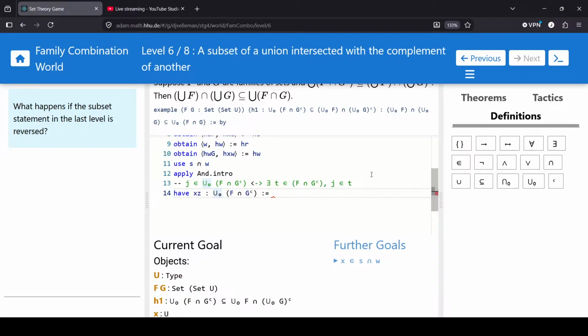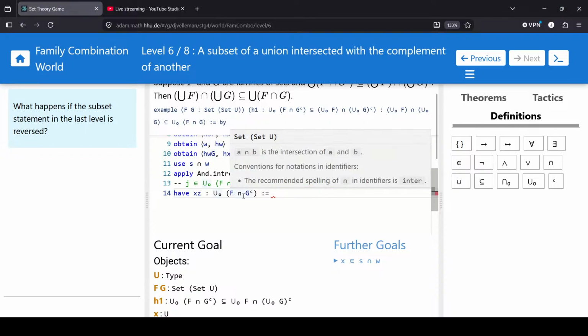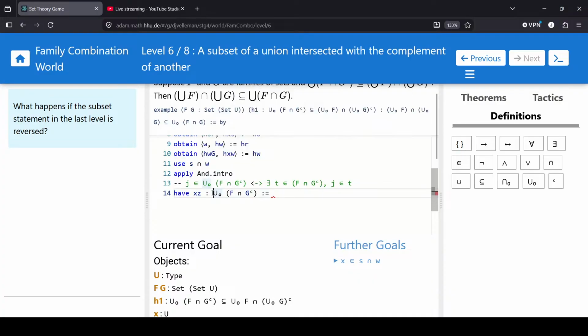So the intersection of F and G's complement is the green region. And the union of that would be the green region too. So that means that this is... So what would be a member of that?